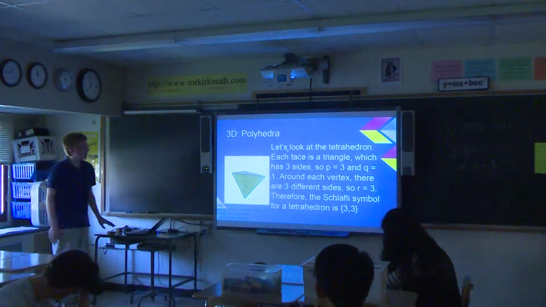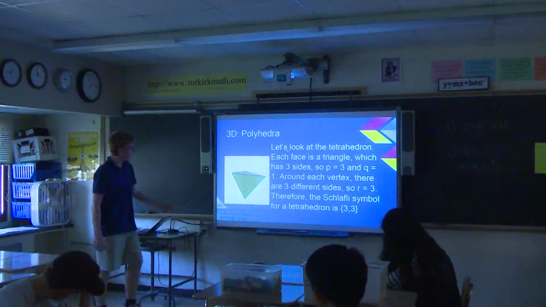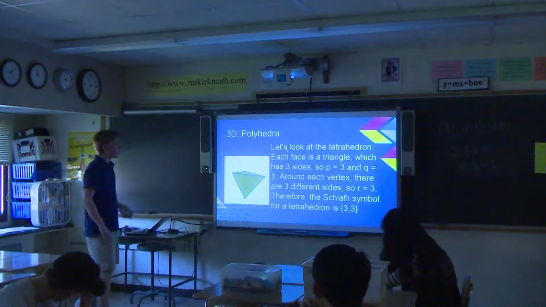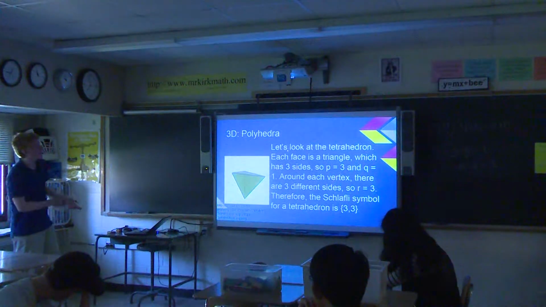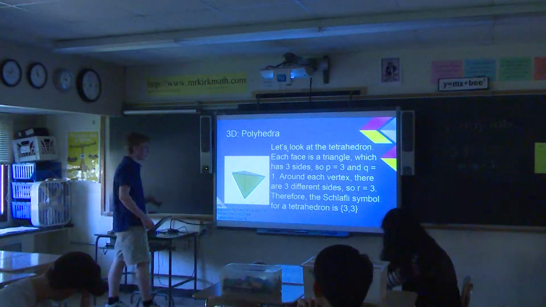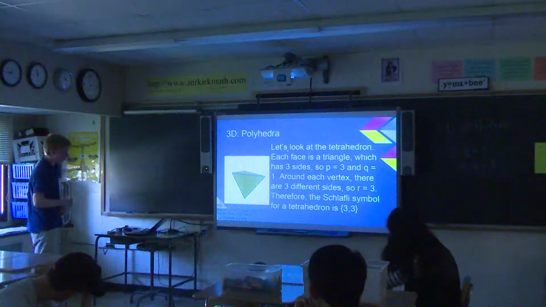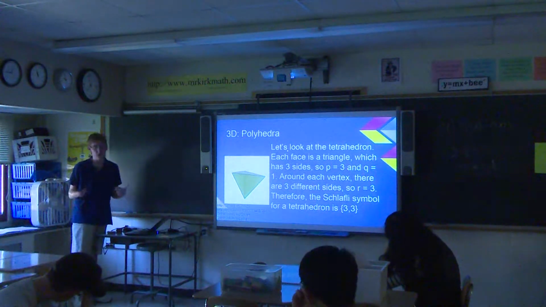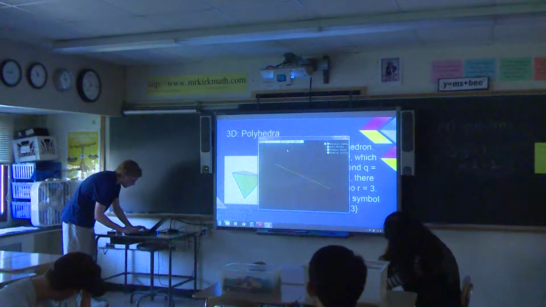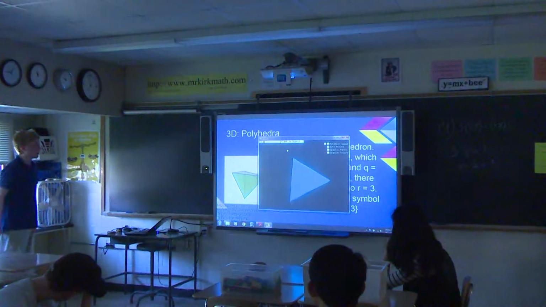So as an example, the tetrahedron, shown here, you can see each face is a triangle, which has 3 sides, so that's just a 3 gon, we know that already. And around every vertex, for example, here you have 1, 2, 3 faces. So you have 3 around each vertex. And therefore the Schläfli symbol for a tetrahedron is 3, 3. So plugging that into the program, you see right there rotating with pretty colors is a tetrahedron.